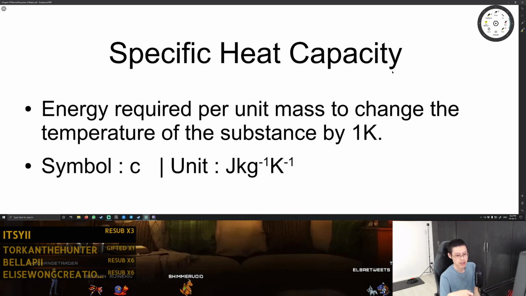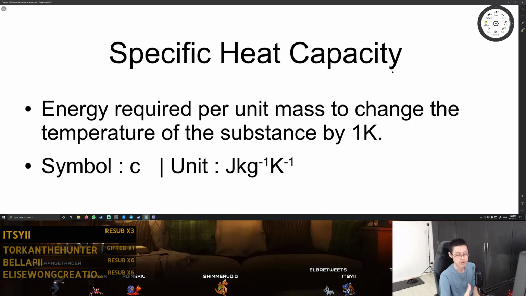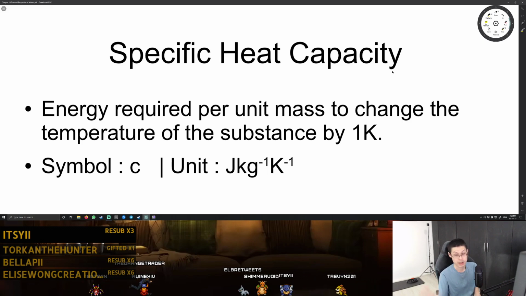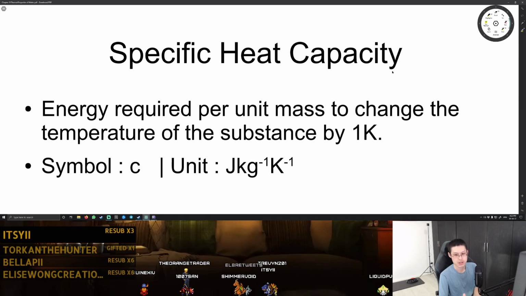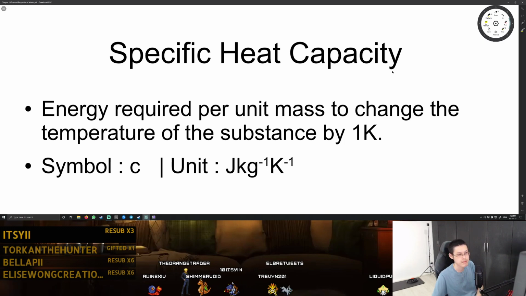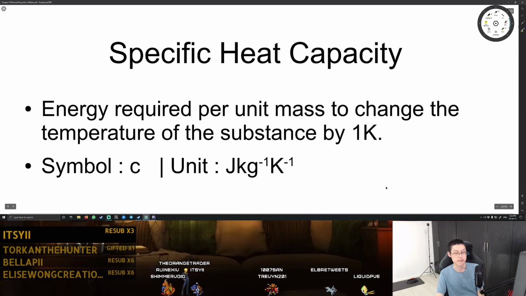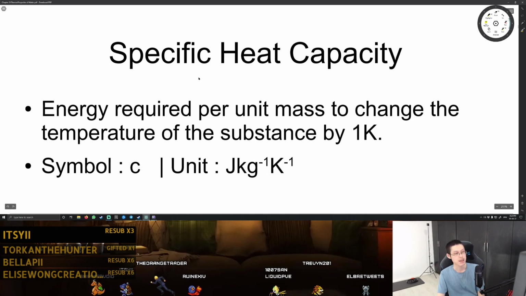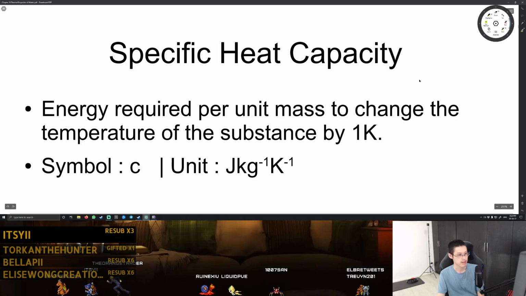So you need to heat the water longer for it to start boiling, assuming, of course, that the boiling temperature is still 100 degrees Celsius. Usually when you add impurities to the water, the boiling temperature might change as well. But essentially it tells you how difficult it is to increase the temperature of a substance.